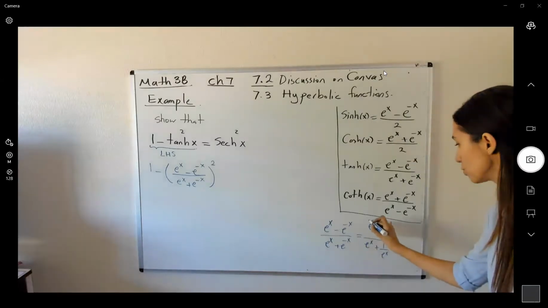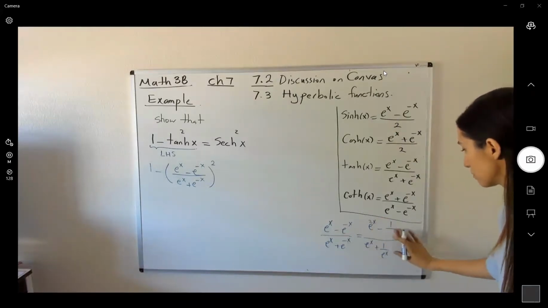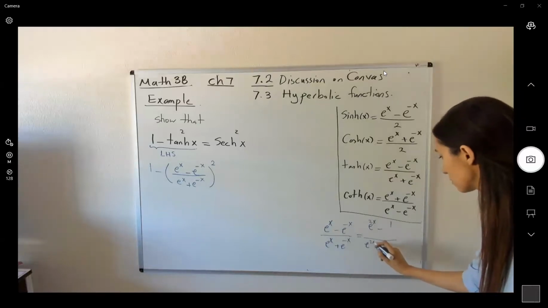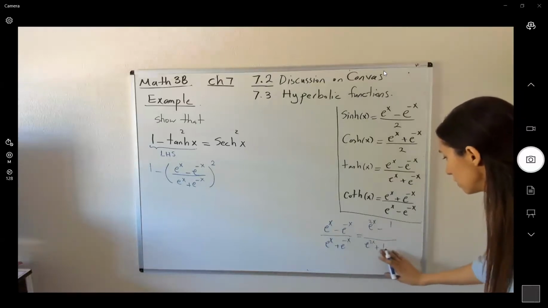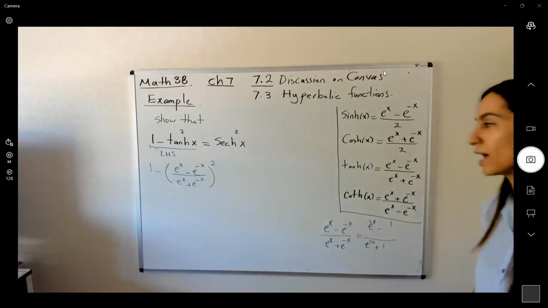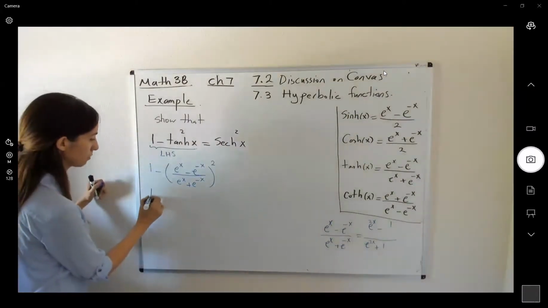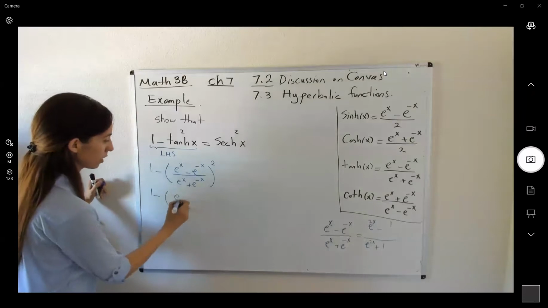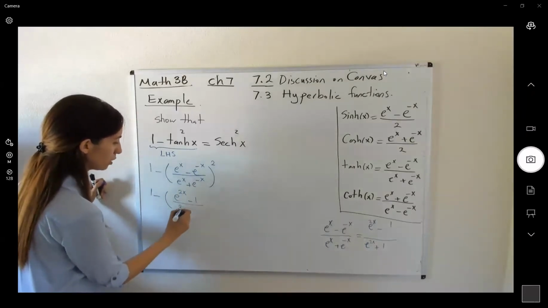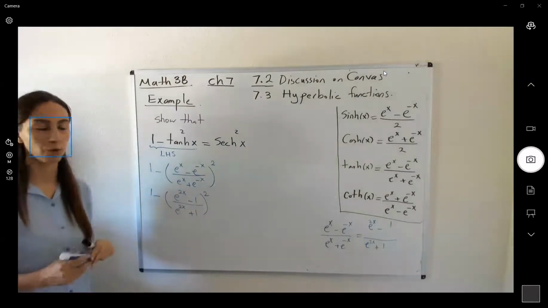You get e to 2x minus 1 and e to 2x plus 1. And you can cancel out the denominators because both of them are e to x. So this is actually 1 minus e to 2x minus 1 divided by e to 2x plus 1 raised to the second power.